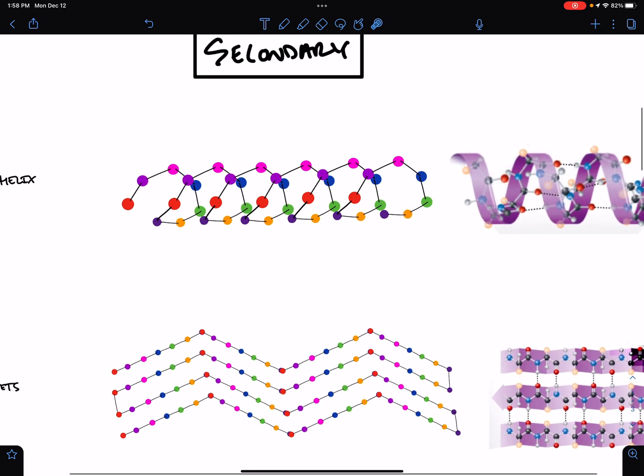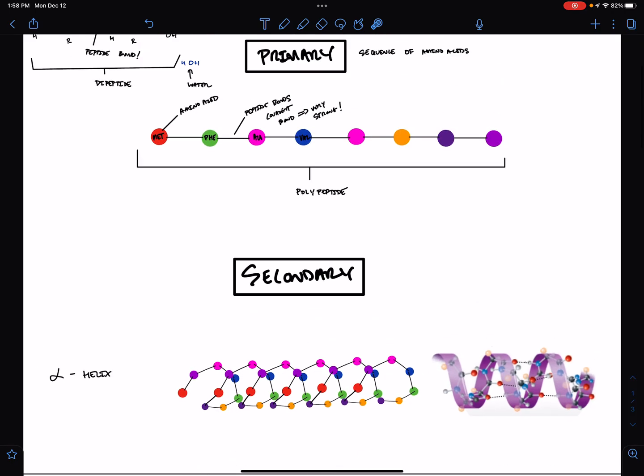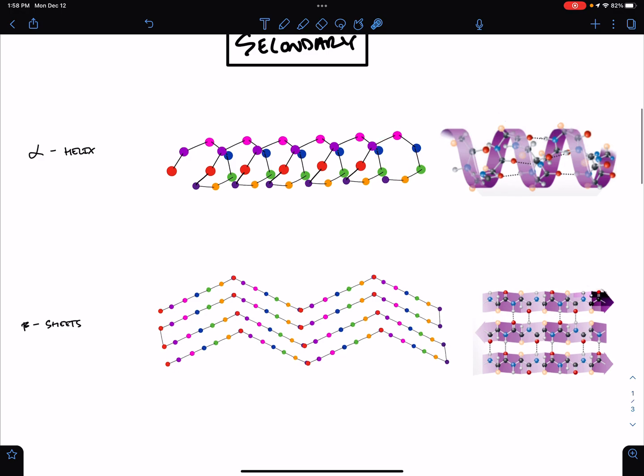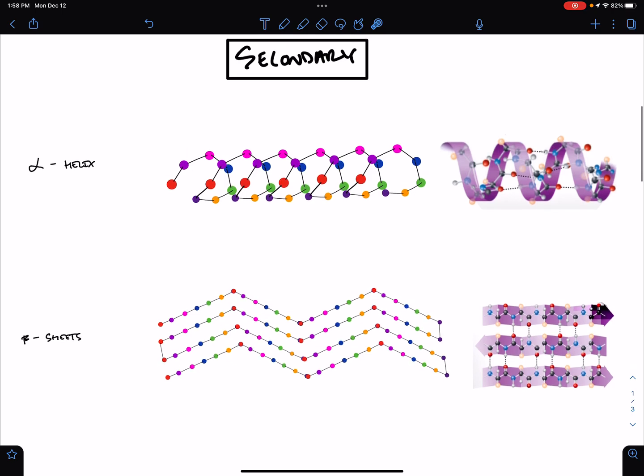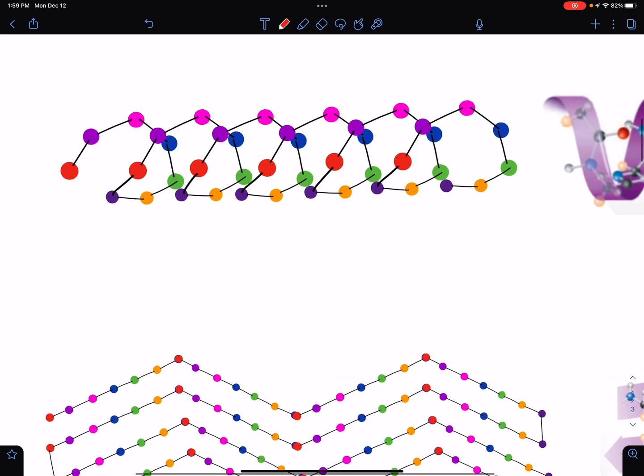What I was trying to do with this drawing here is show you that if you take a linear chain, so if you take your primary structure and then you fold it into an alpha helix, like a spiral staircase pattern, you'll get an alpha helix. The way the secondary structure is maintained is through hydrogen bonding between the amino acids within the helix.